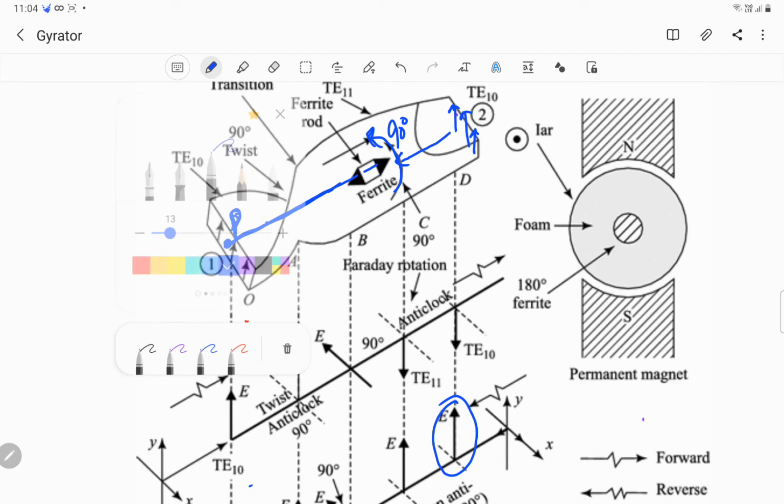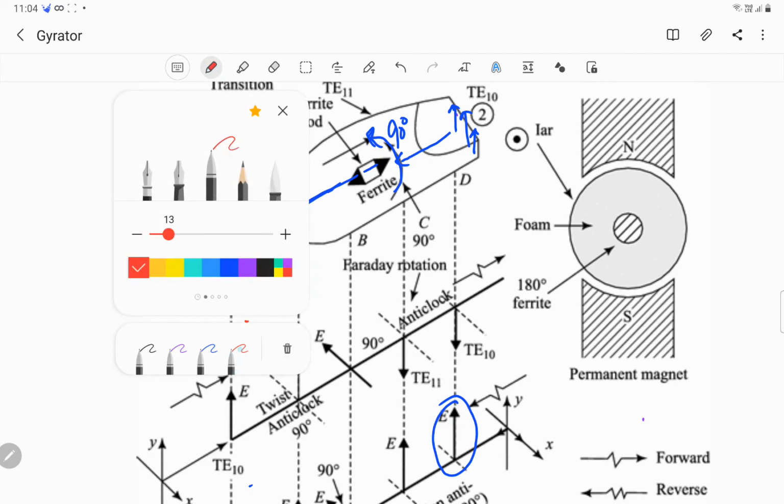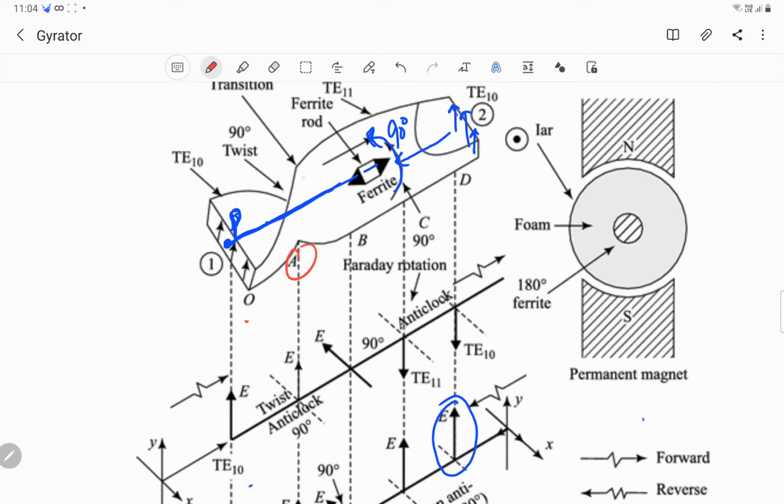Now when the wave reaches this point, say point A, the bend of the waveguide rotates it by 90 degrees, but this time in the clockwise direction.